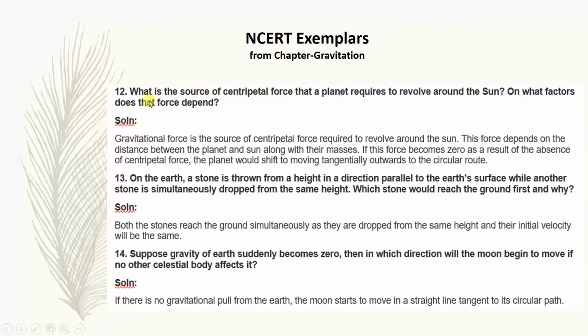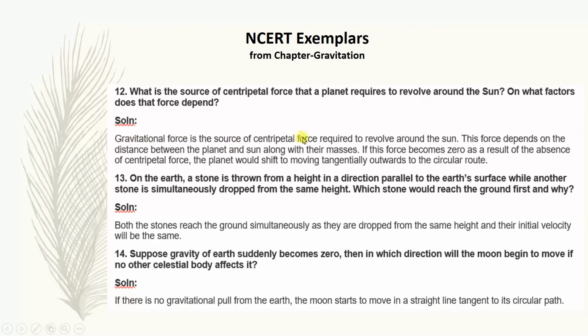Number 1: what is the source of centripetal force that a planet requires to revolve around the sun? Where does this force come from, and on what factors does it depend? The answer is the gravitational force, because of the masses of the objects, is the source of centripetal force.